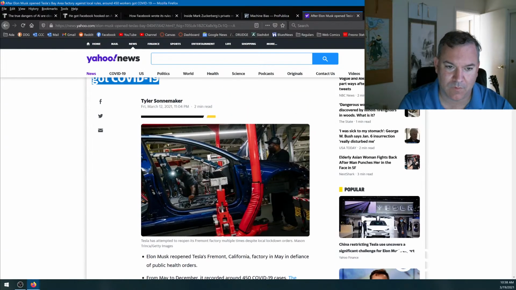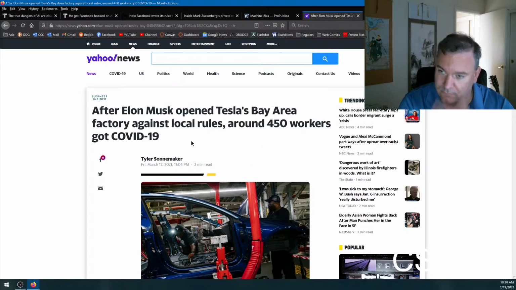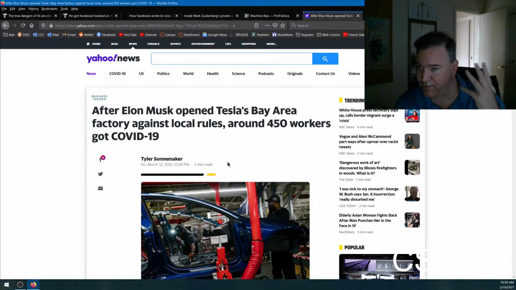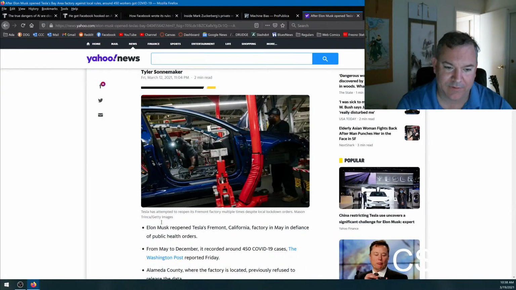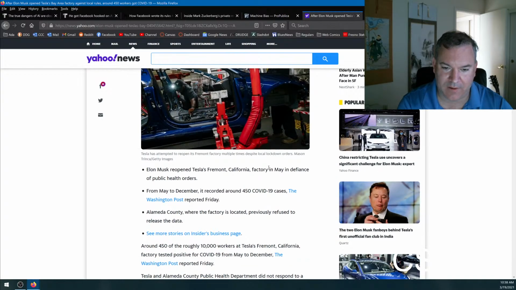So after Elon Musk opened Tesla's Bay Area factory against local rules, 450 workers got COVID-19. Okay. So let's go through this as critical thinkers, right? So here is Tesla's Fremont factory. They opened it in May of last year against the lockdown orders. And then from May to December, it recorded 450 COVID-19 cases.